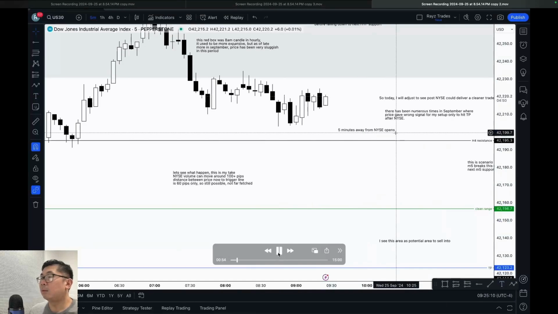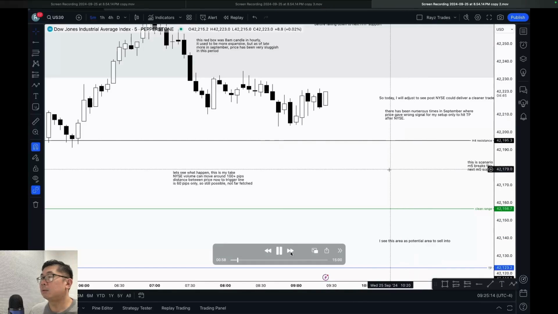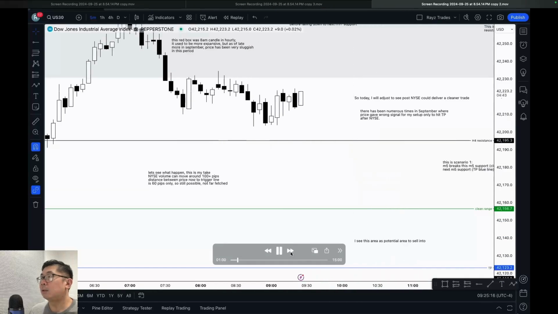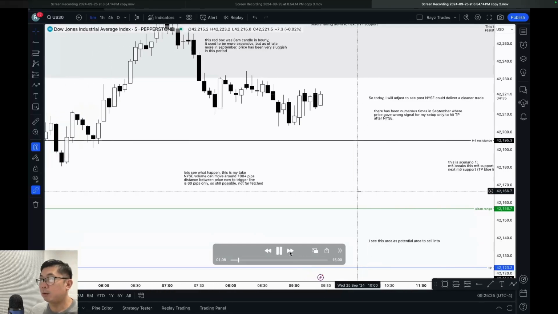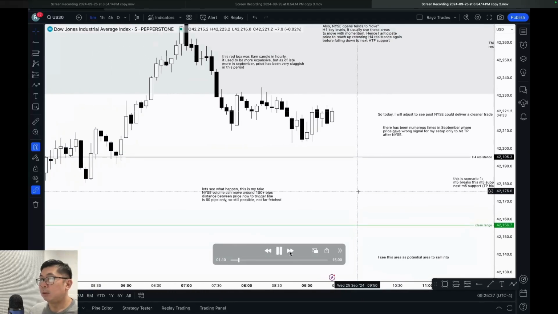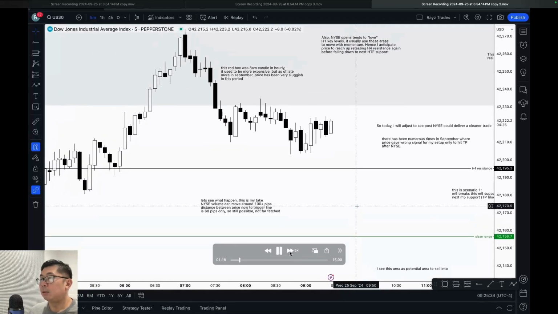All right. No, I think this is a 930 candle. Is it? Looks like it. So 930 candle punch through the 1 hour support. On the last few minutes before that candle close.